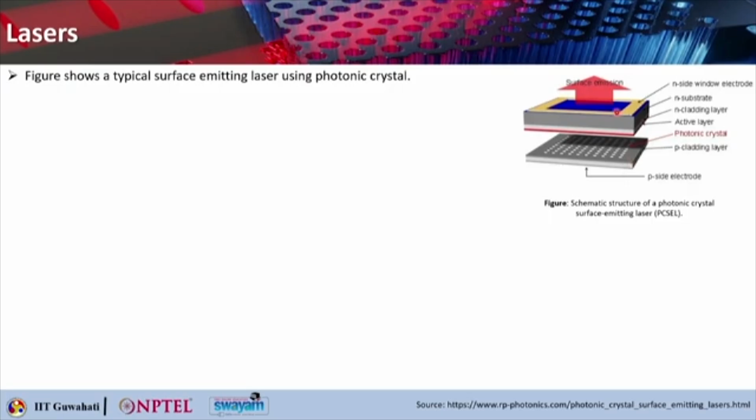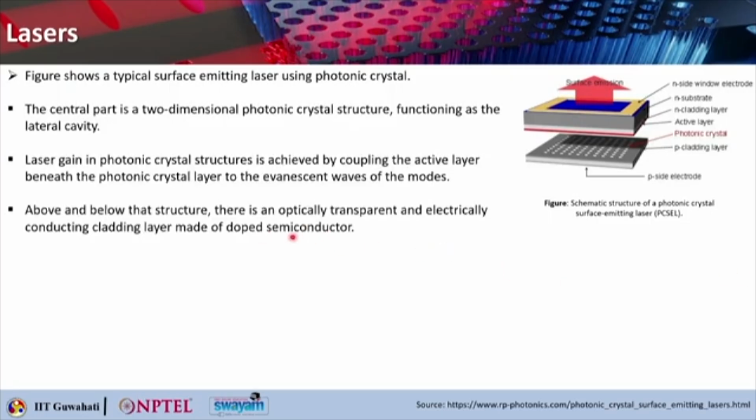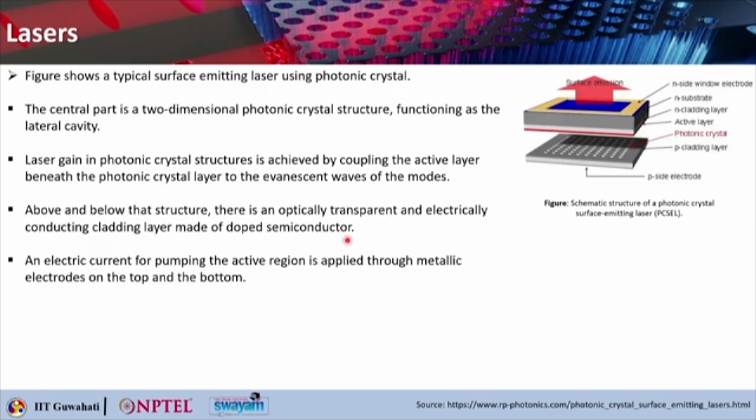Radiation is extracted through a hole. It is kind of a window in the top electrode. So this is where the radiation is extracted. Above and below the structure there is an optically transparent and electrically conducting cladding layer, which is made of doped semiconductor.